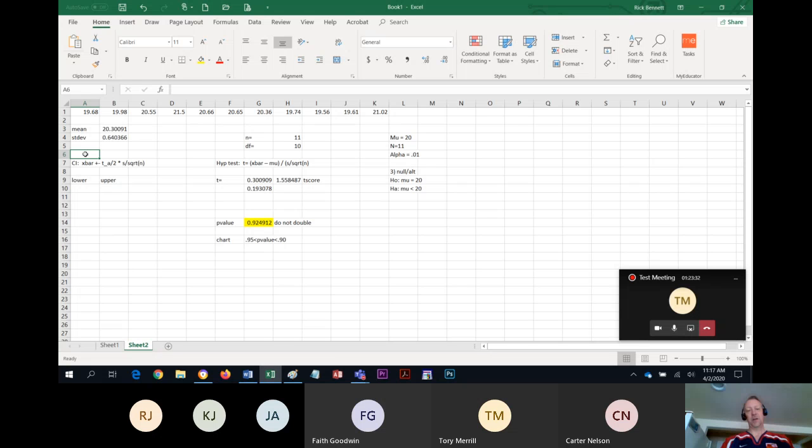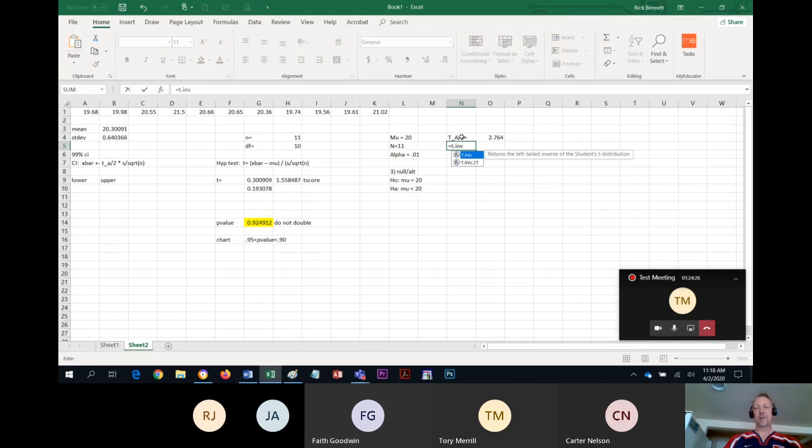If my alpha is 0.01, I'm going to use 99%. With 10 degrees of freedom, that's going to be 2.764. So my T sub alpha over 2 equals 2.764. I can also find it with T dot inverse. If I use a two-tailed confidence interval, the probability is 0.01 with 10 degrees of freedom.